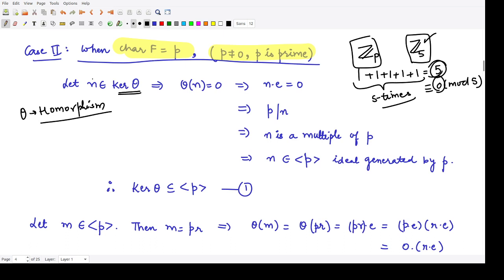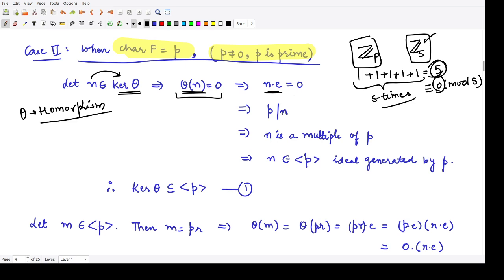So we assume that the kernel contains an element n, so we can write θ(n) to be 0 by the definition of kernel. And what is θ(n)? θ is defined to be n times e, so this is equal to 0. Now from here we cannot conclude n is equal to 0. Why? Because the characteristic here is P and not equal to 0.